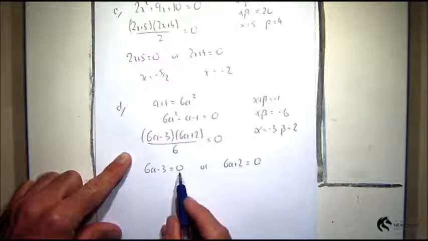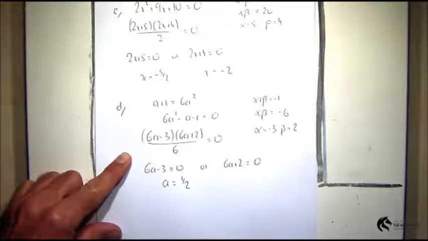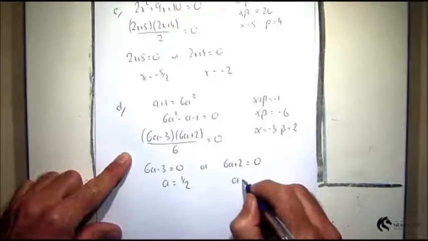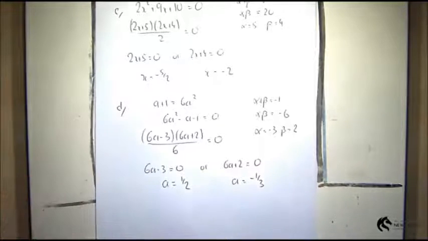This says 6A is equal to 3, so A is equal to 3 on 6. This one says 6A is equal to minus 2, so that'll be minus a third sitting in there. And once again, I get 2 solutions.